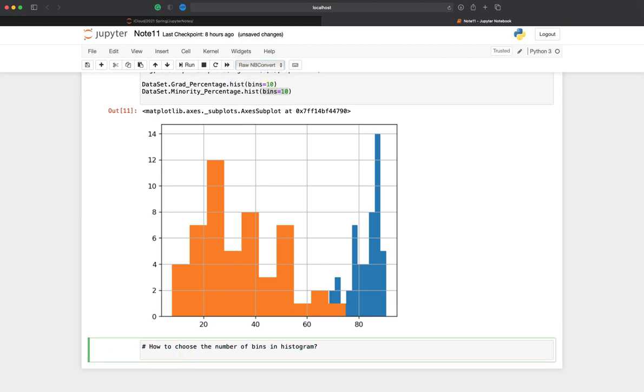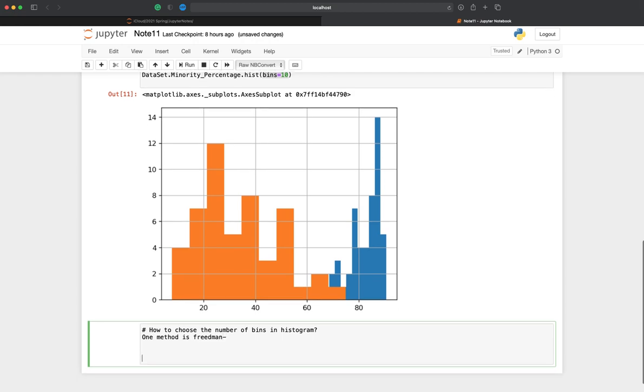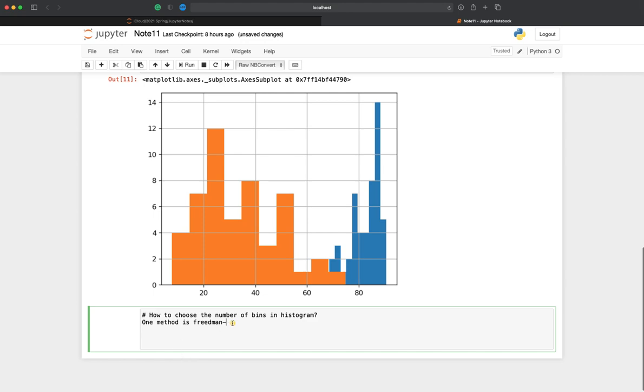Okay, as I said, one method is the Friedman method. The Friedman rule is actually a very robust rule and works very well in practice.